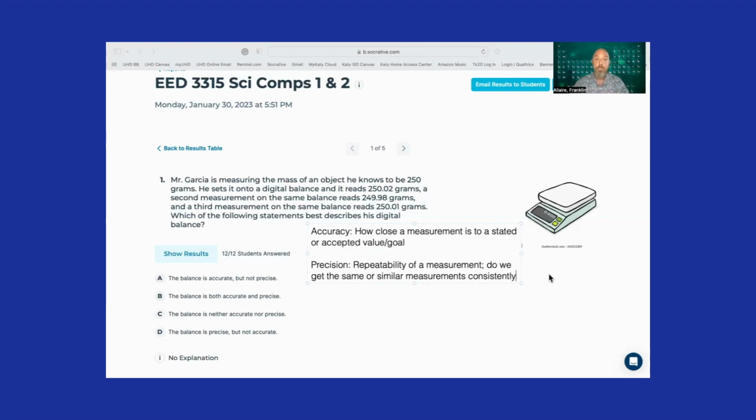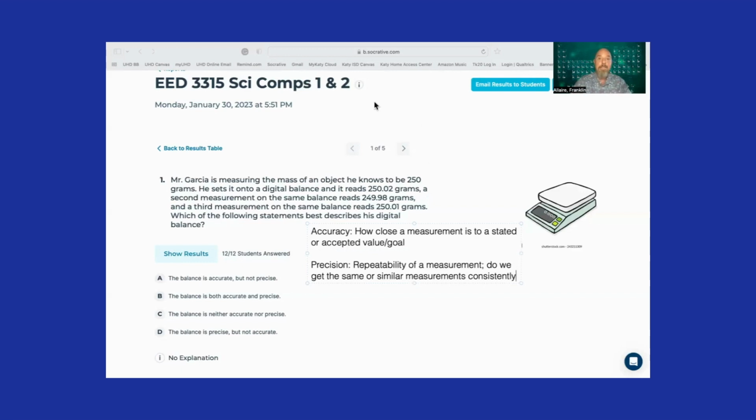We did 3 measurements just to make sure. We always measure things multiple times in science. And as you can see, even though we didn't get the exact same thing each time, we are really, really, really close to that 250 grams overall. 250.02, 249.98, 250.01 are all really close to 250, whether you take them on their own or you take them together.